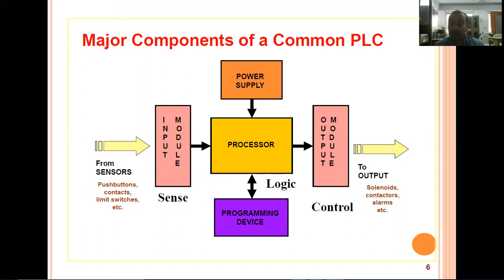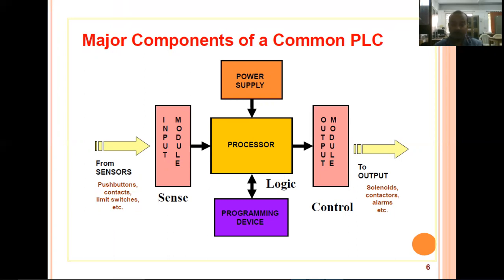In this output module, the control output needs to be given to the final control element. Again the output module takes a vital role: the processor gives the output to the output module as digital, and the output module converts this digital output to analog and sends it to the final control elements.